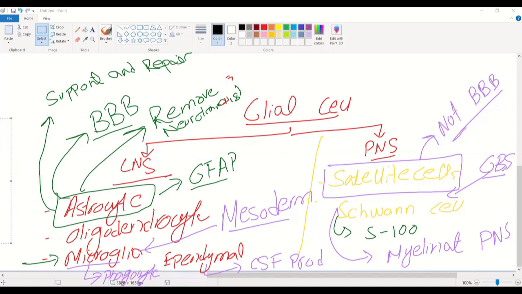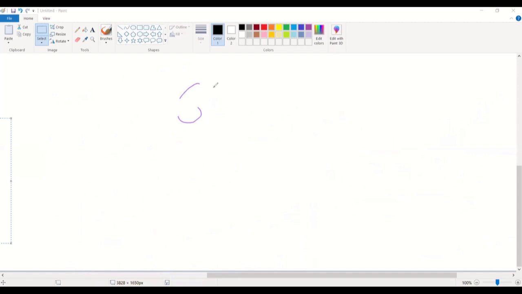They give you the clinical presentation of GBS. So how does the GBS patient present? GBS presents with symmetric ascending muscle weakness and paralysis, right?